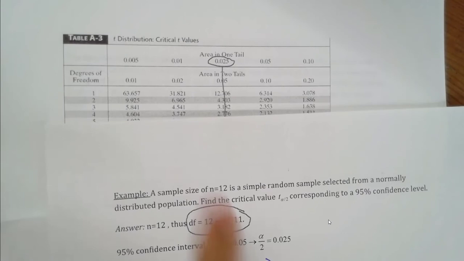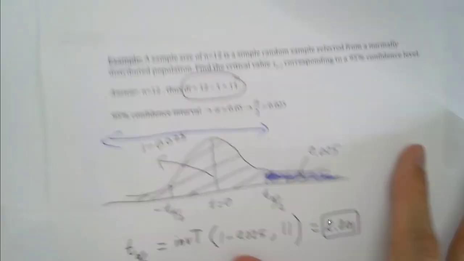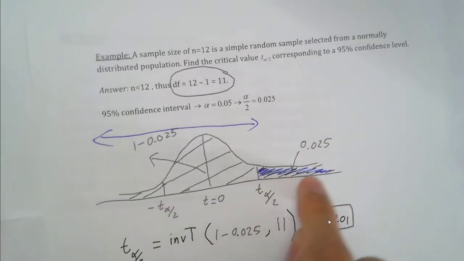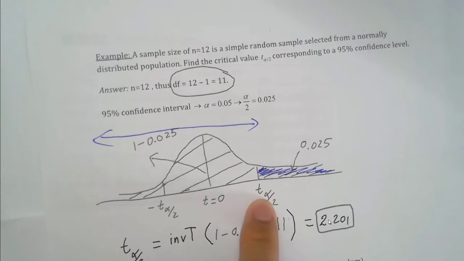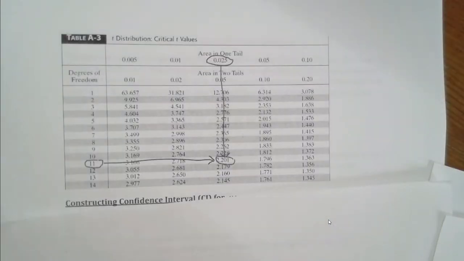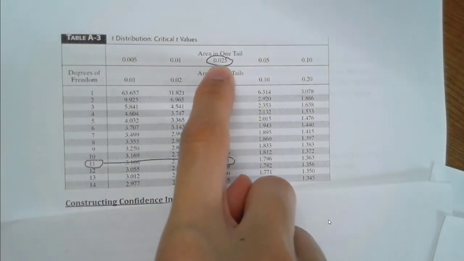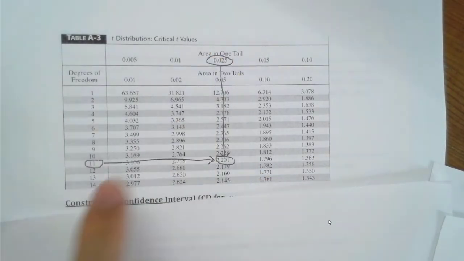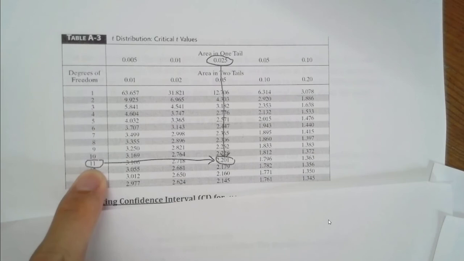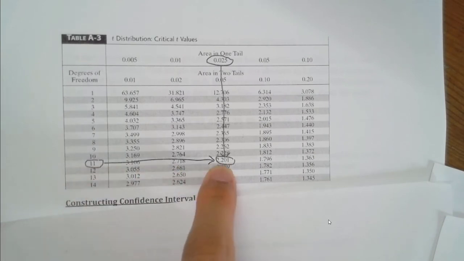So if you are using this table, we take the area of the right of that value, 0.025, one tail, which is right here, and we are at 11 degree of freedom, and that should give me 2.201, which is the same thing.